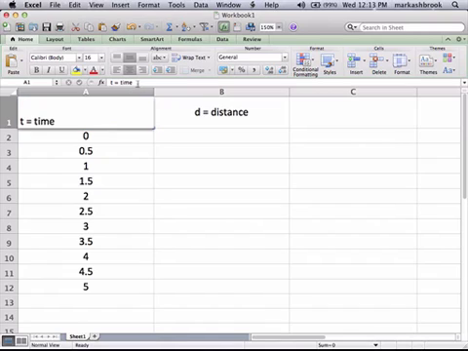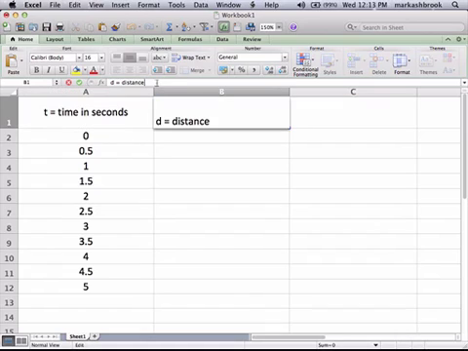Seconds. Okay, and distance in feet? I think it's feet, right? Oh, I'm doing 78. Sorry. We're doing 78. Feet.